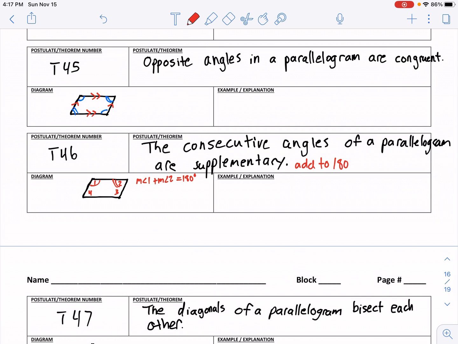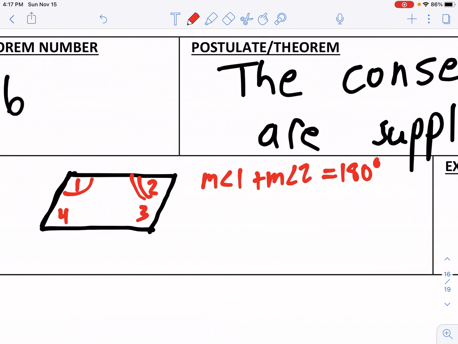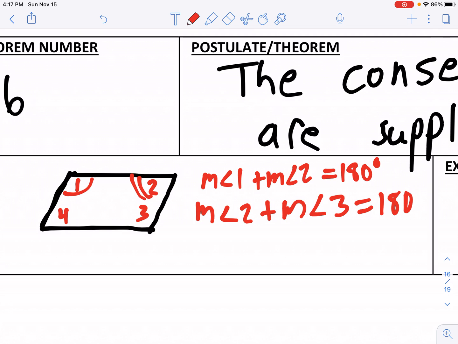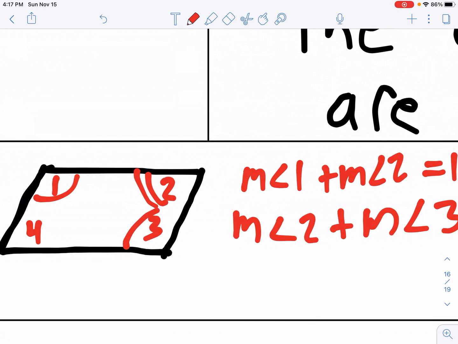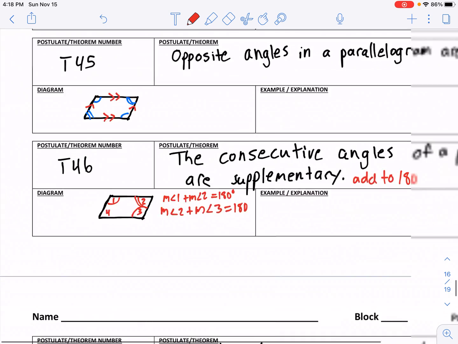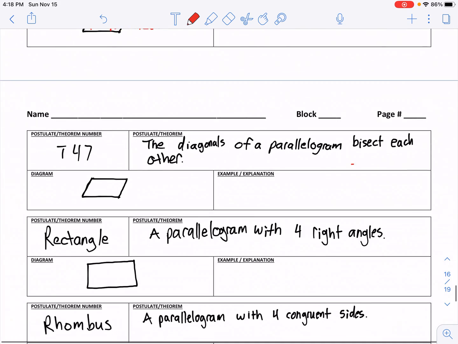We could do the other ones too. The measure of angle 2 plus the measure of angle 3 adds to 180, which makes sense because opposite angles have the same measure. If angle 1 and angle 2 are supplementary, then since angle 1 and angle 3 have the same measure, angle 3 and angle 2 would also add up to 180, and so on. So that's T46.